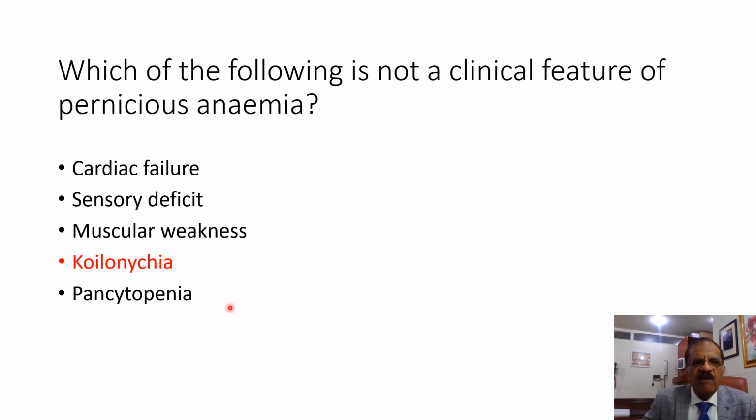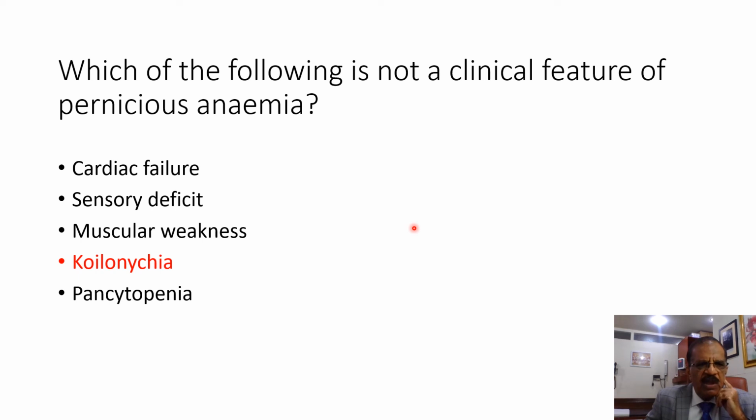So typically there would be deficiency of RBC, there may be deficiency of white cells and also platelets. Not to the extent we see in aplastic anemia, but you would definitely see some reduction in TLC and platelets in cases of pernicious anemia.